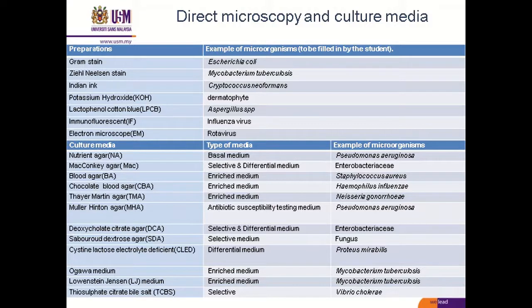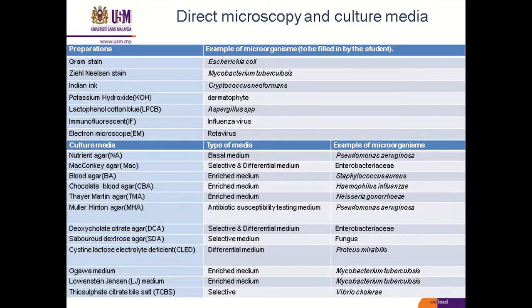We can use Mueller-Hinton agar for antibiotic susceptibility testing on most organisms such as Pseudomonas aeruginosa. To differentiate between the Enterobacteriaceae, we can use the deoxycholate citrate agar, which is a selective and differential medium, just like MacConkey.